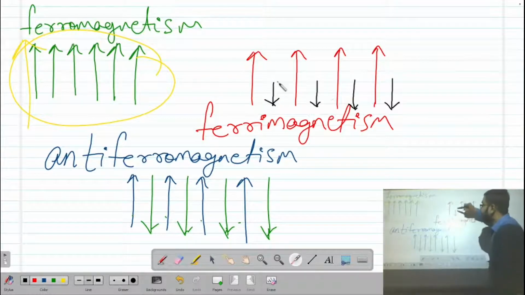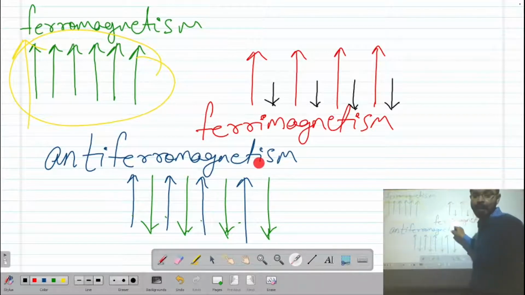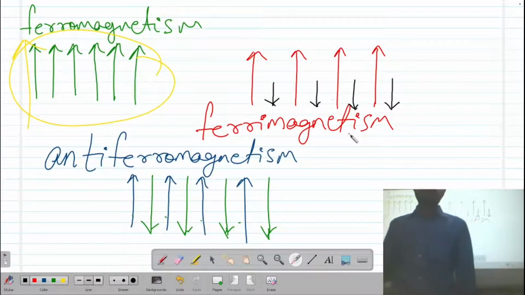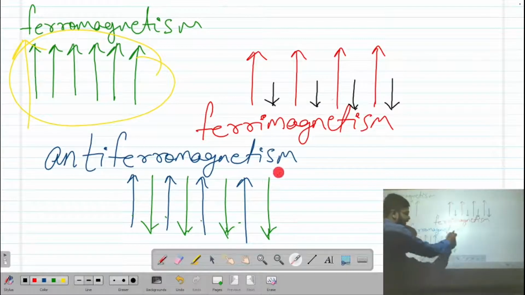You can see the magnitude of this black dipole is not the same as the red dipole. It is very small, almost half the magnitude of the red dipole. This is the fundamental difference between antiferromagnetic material and ferrimagnetic material.